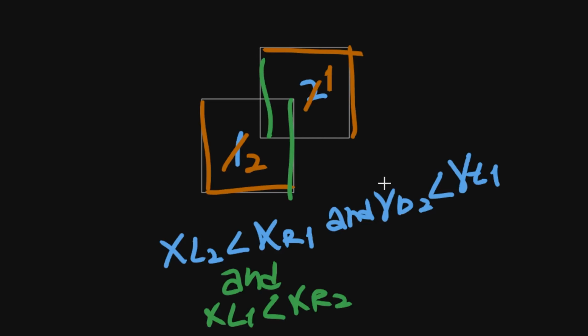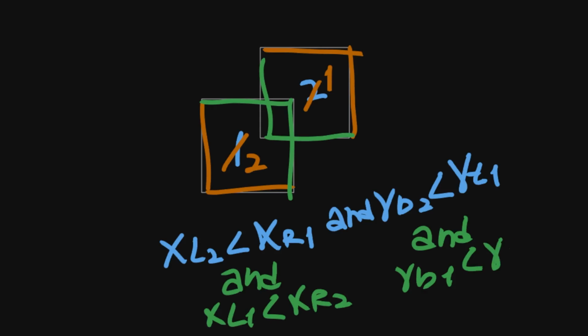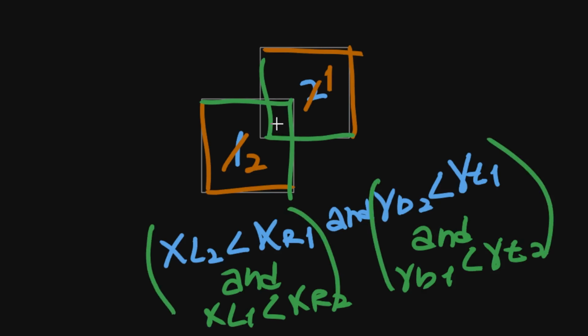And regarding the y-axis, we need to check this, and if the bottom bound of shape number 1, meaning YB1, is smaller than the top bound of shape number 2, meaning YT2. So if this is true and this is true, this means that we found an intersection in every possible scenario. So the next question is, how can we get the largest square in this area?